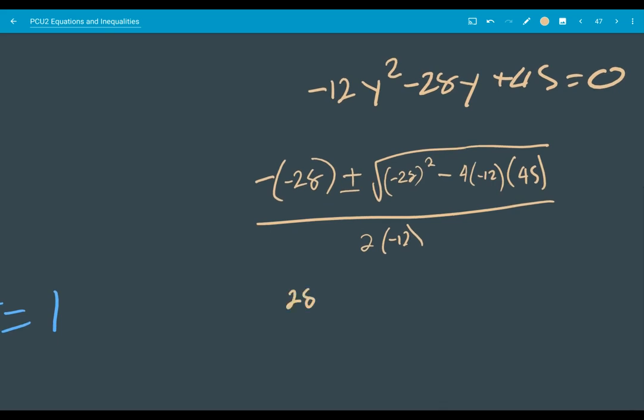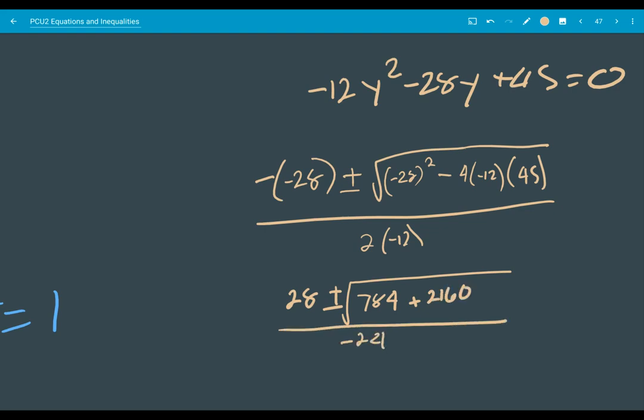So we're going to get 28 plus or minus the square root of 784 plus 2160 all over negative 24.